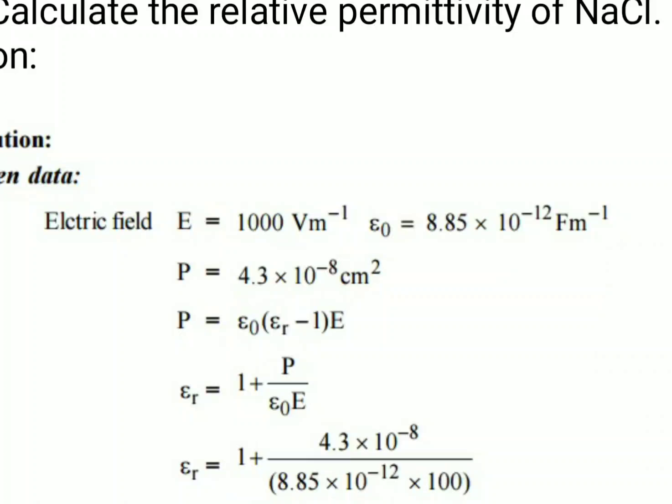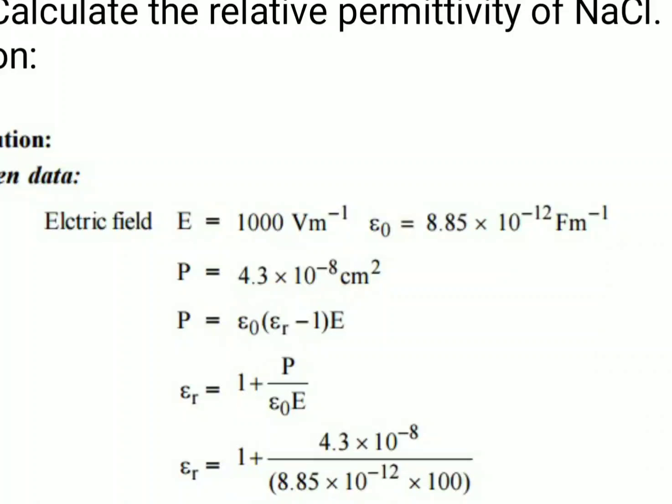Here, this is the relation between polarization and applied electric field. So, polarization P is equal to epsilon naught into epsilon r minus 1 into E. Now cross multiply the epsilon naught E value. So, here this is the expression for epsilon r. Here we calculate the relative permittivity of the NaCl.